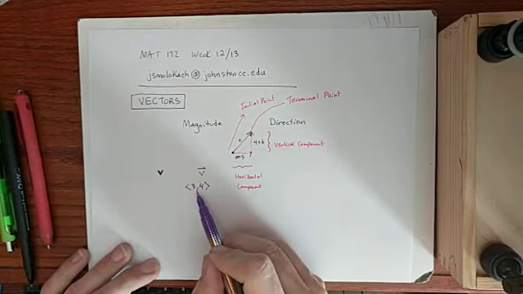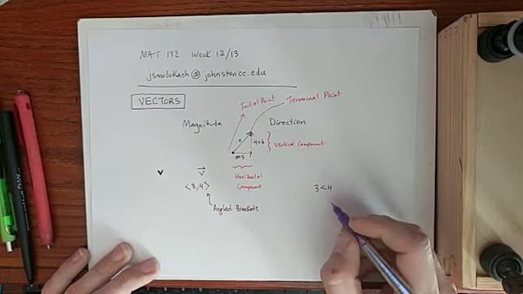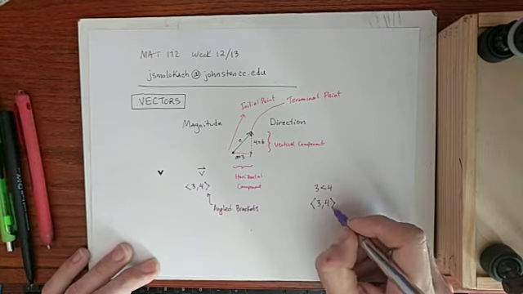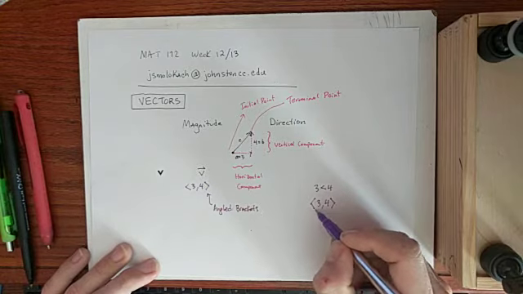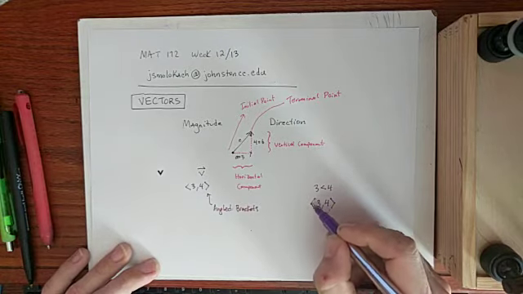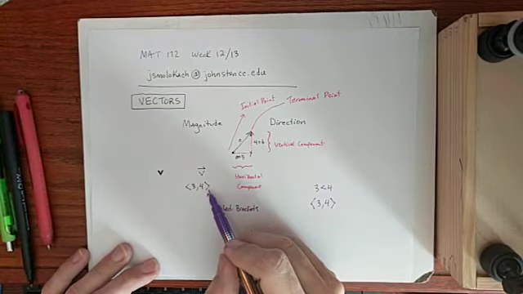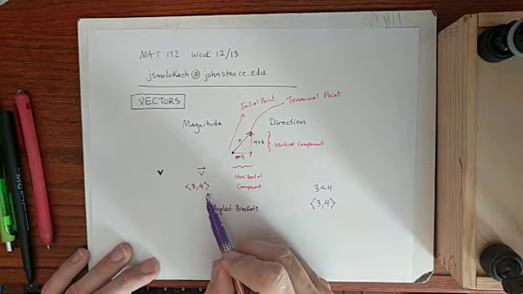They're kind of like parentheses, but they're angled, right? So these are used to write a vector in what we call component form.